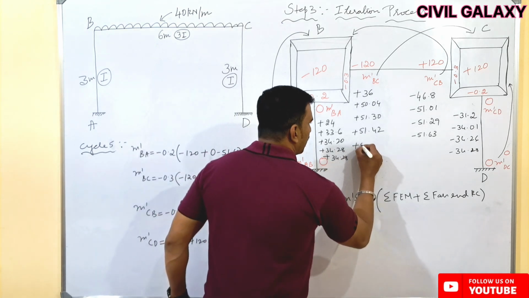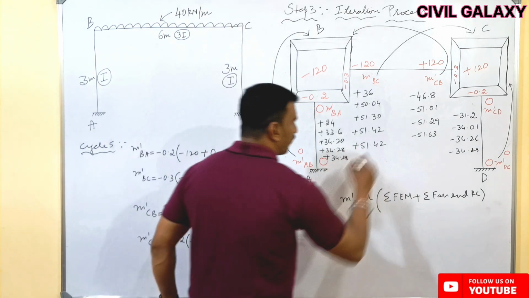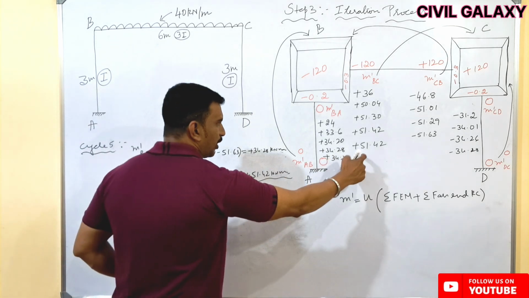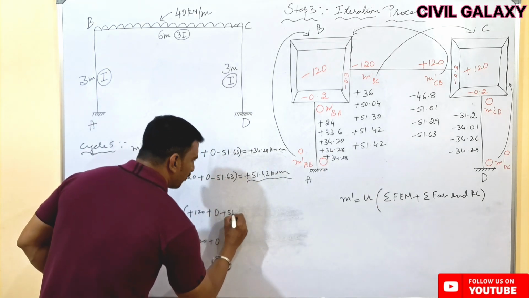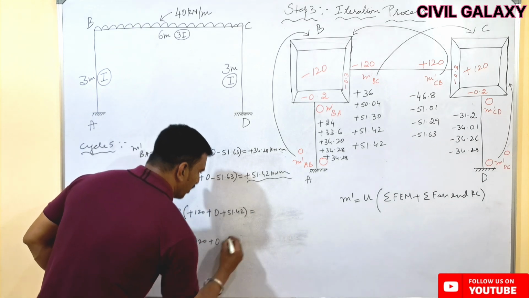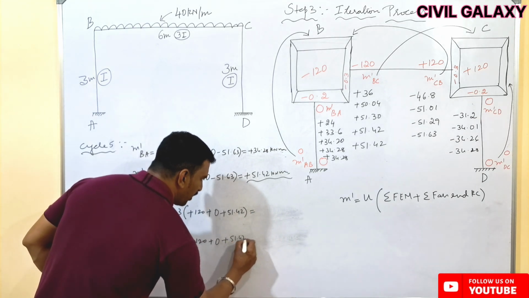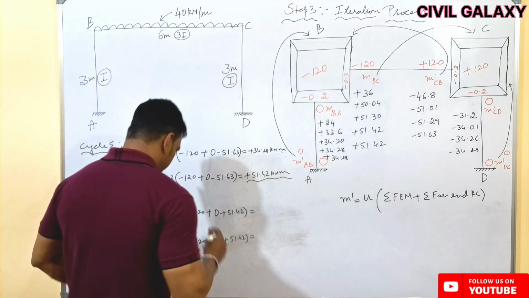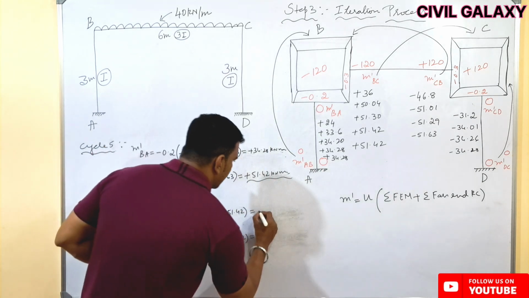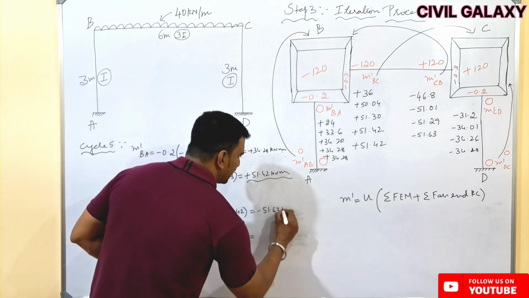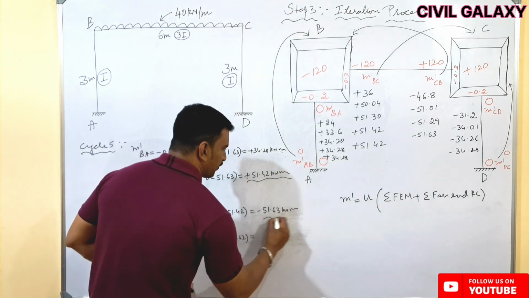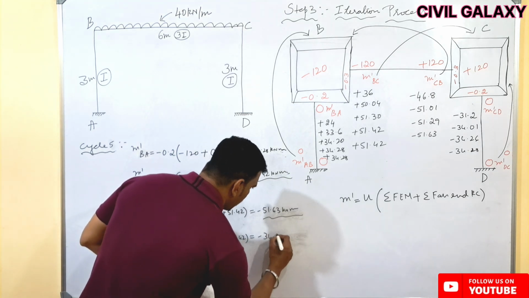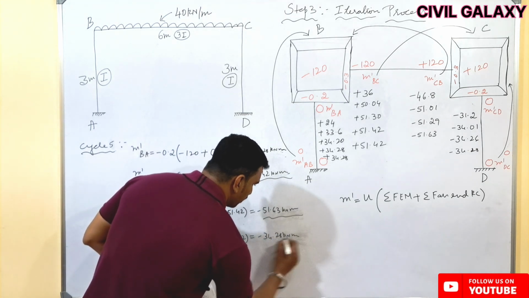So here it is plus 51.42, and here the new iteration value is plus 51.42. So plus 51.42 gives a value of minus 51.63 kilonewton meters and minus 34.28 kilonewton meters.